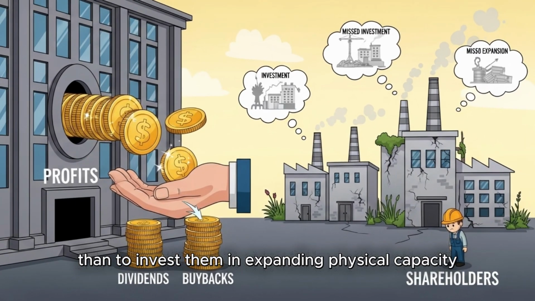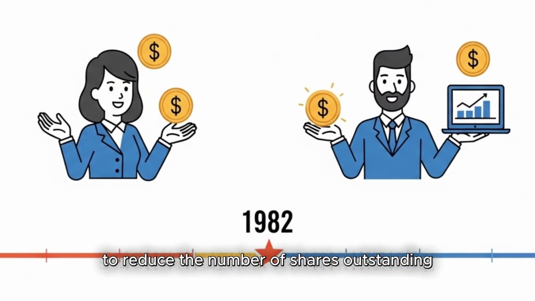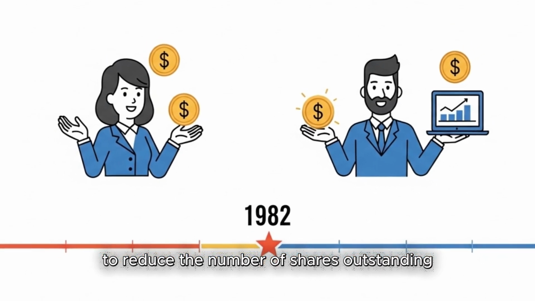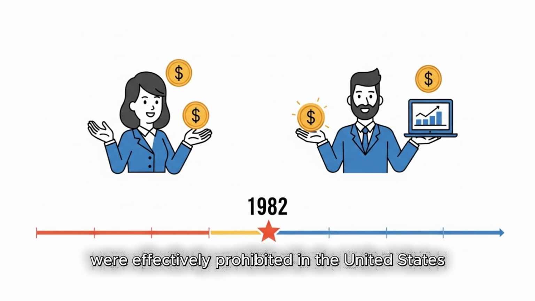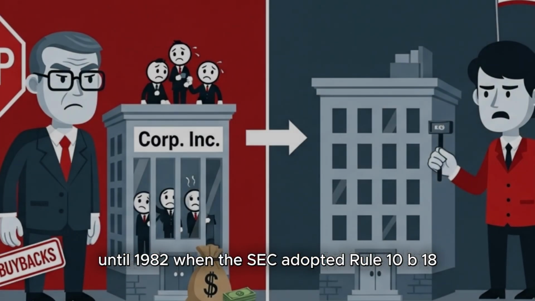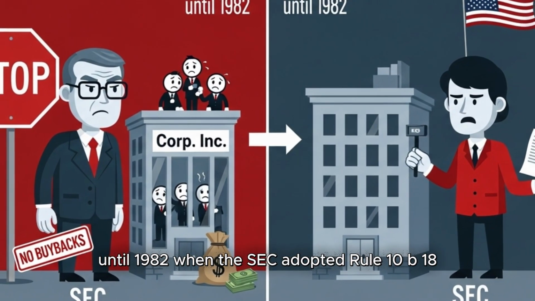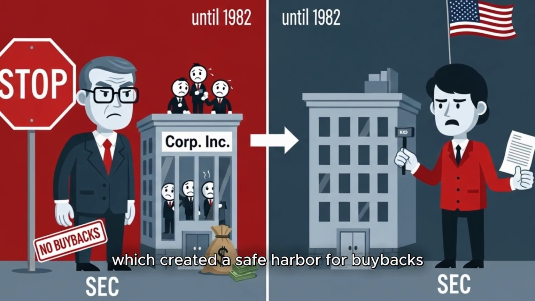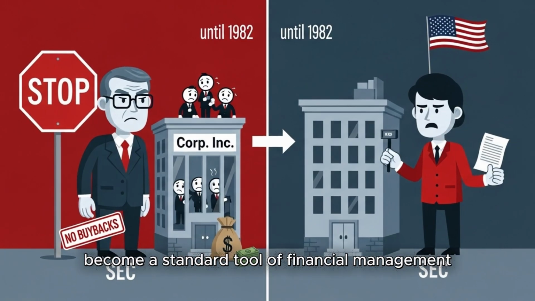physical capacity. Buybacks, corporations purchasing their own stock to reduce the number of shares outstanding and thereby increase earnings per share, were effectively prohibited in the United States until 1982, when the SEC adopted Rule 10b-18, which created a safe harbor for buybacks. Within a decade, buybacks had become a standard tool of financial management.